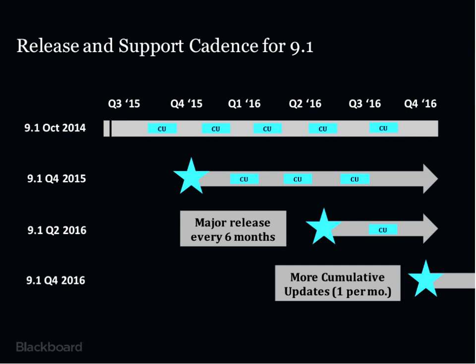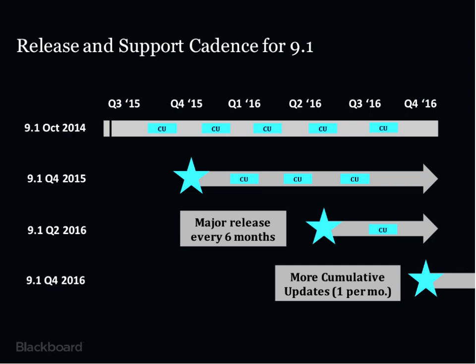We are continuing to release 2 major releases every 6 months, and we are committed to that. So you can expect to see a major release generally in the 2nd quarter of a year, as well as the 4th and last quarter of the year. Between those major releases, we are continuing to perform maintenance and fixes, and those are released as cumulative updates.